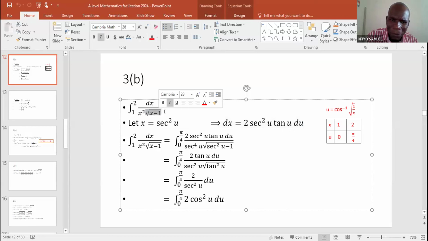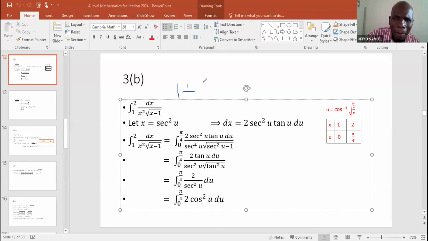You can use an appropriate substitution, but by instinct I saw that, from the Pythagorean theorem, 1 plus tan squared theta equals sec squared theta.